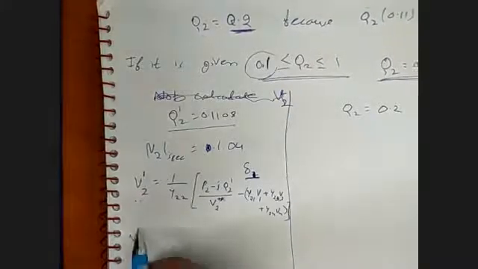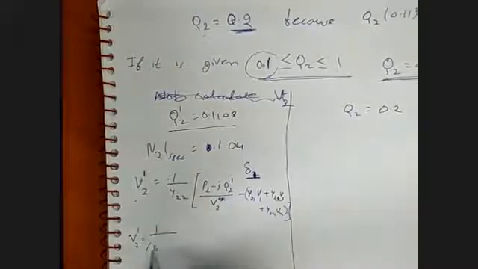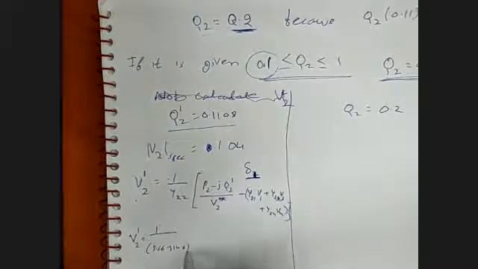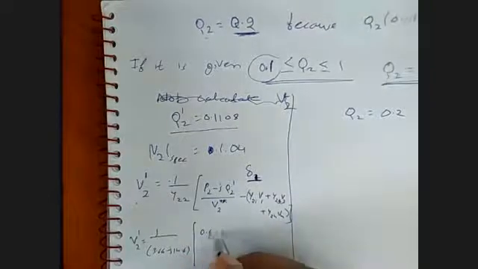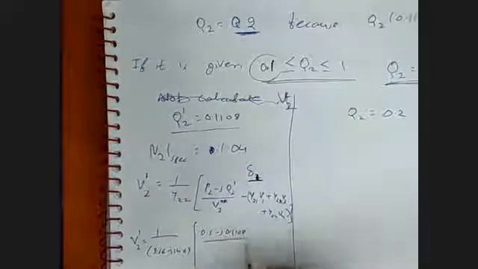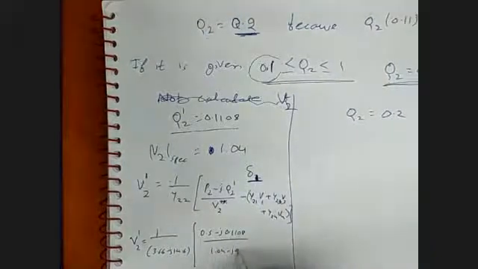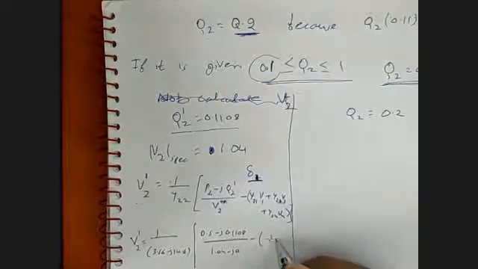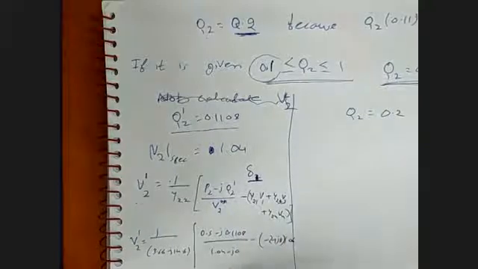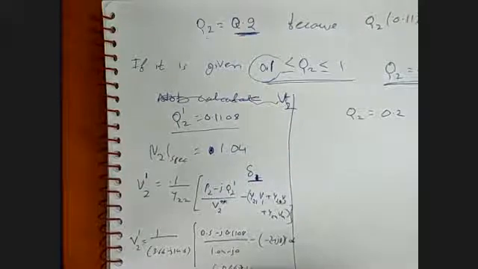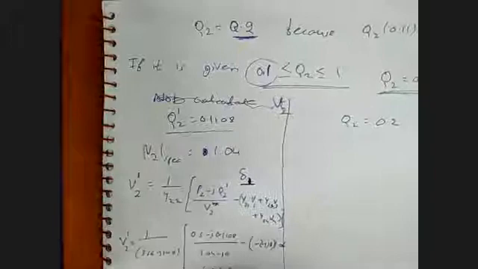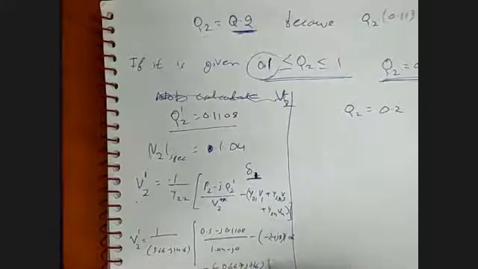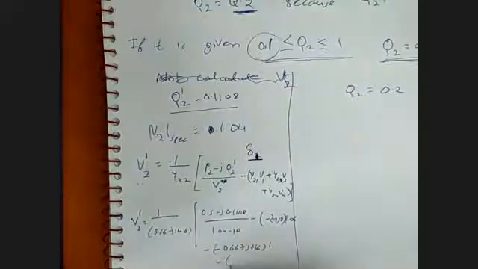So V21 will be 1 upon 3.66 minus j14.6 into 0.5 minus j0.1108 divided by 1.04 minus j0, minus minus 2 plus j8 into 1.06, minus 0.66 plus j2.66 into 1, minus minus 1 plus j4 into 1.